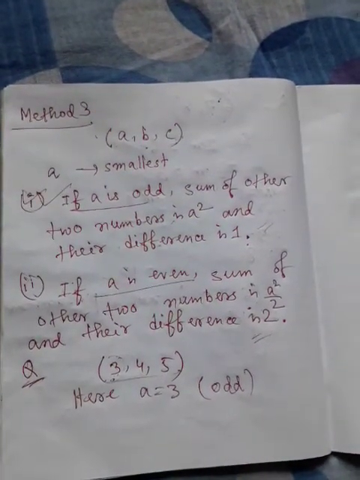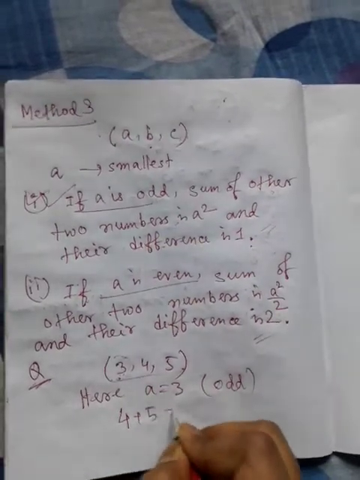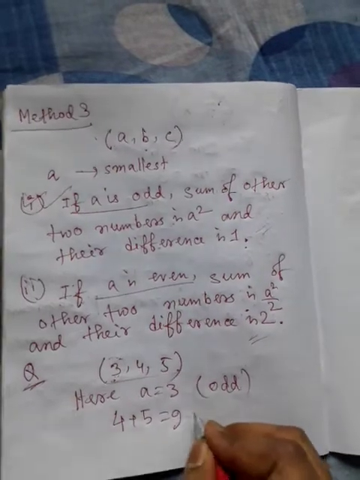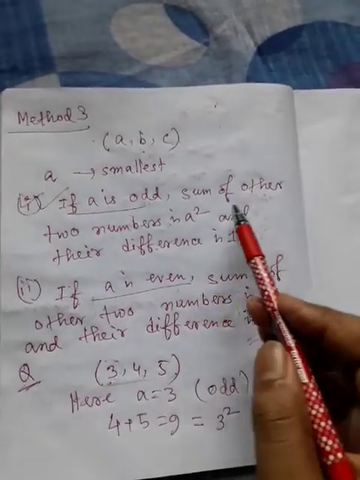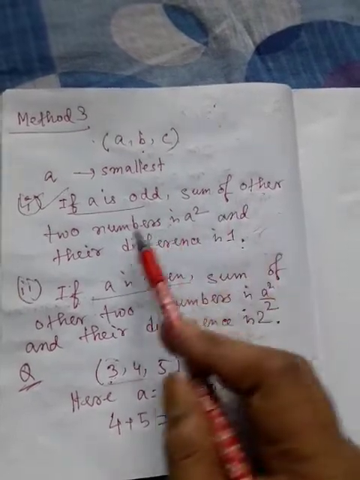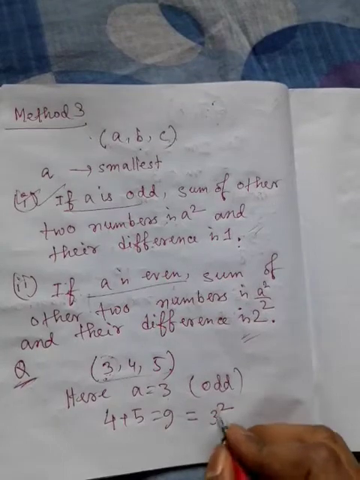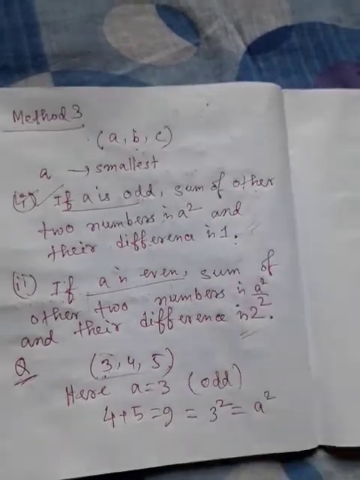Sum of other two numbers: 4 plus 5 is equal to 9. Now 9 we can write as 3 square, and A is 3, so you can write it in the form of A square.